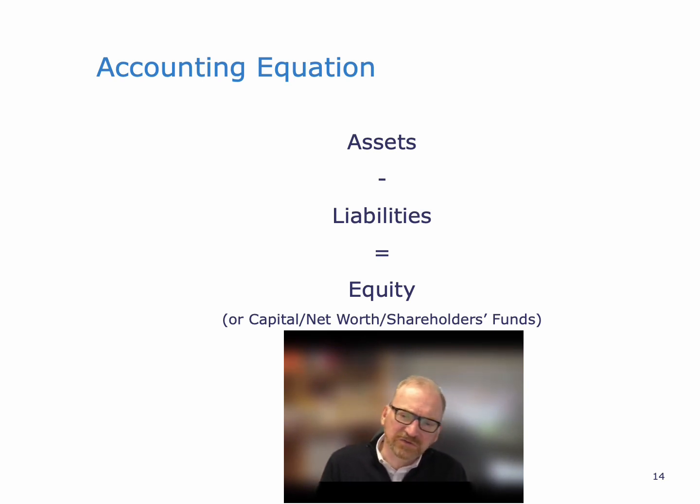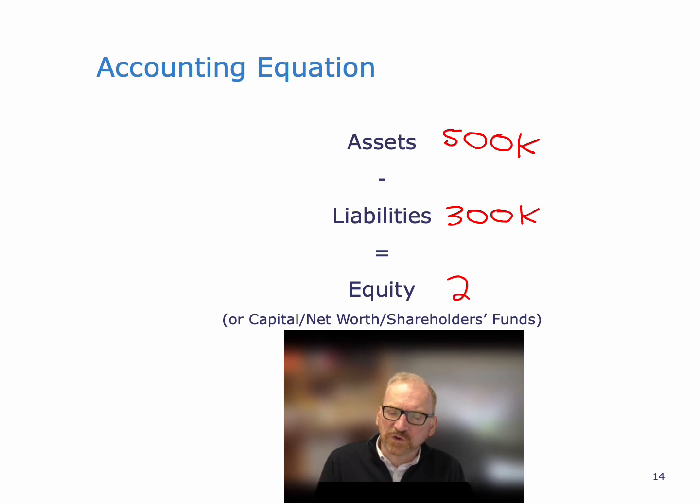Supposing you have a house and the house is worth 500k, and you have a mortgage of 300,000 on the house. So the liabilities are 300k. Then you would say in pretty normal language, 500 minus 300, I have 200 of equity in the house.